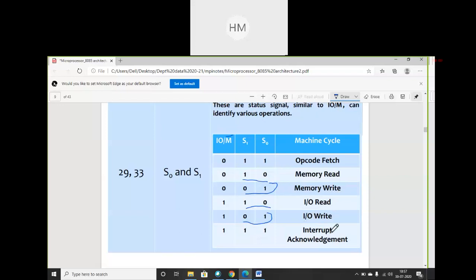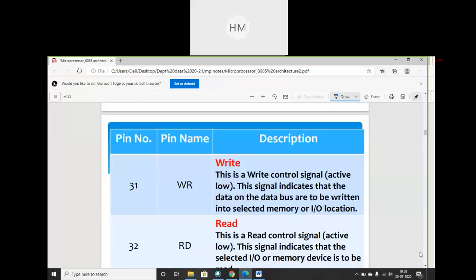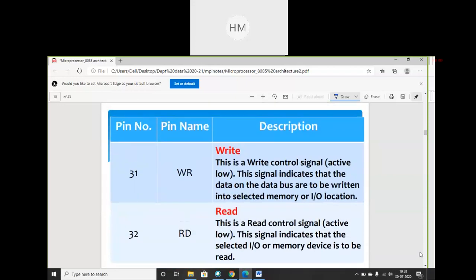Okay. Then interrupt acknowledgement. If I want to generate interrupt acknowledgement, these pins should be high. All the pins should be high. Clear? Then WR. We all know write. This is the write control signal.